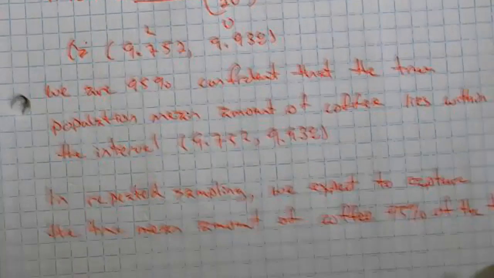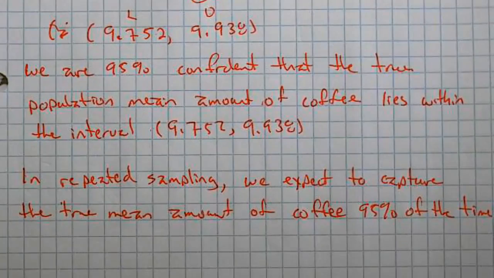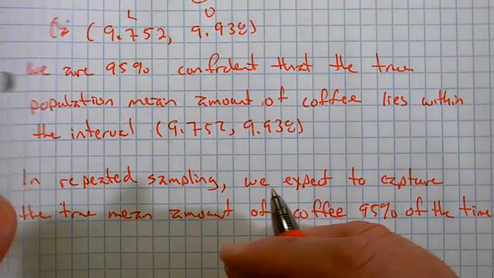Okay, so in repeated sampling, we expect to capture the true mean amount of coffee 95% of the time.